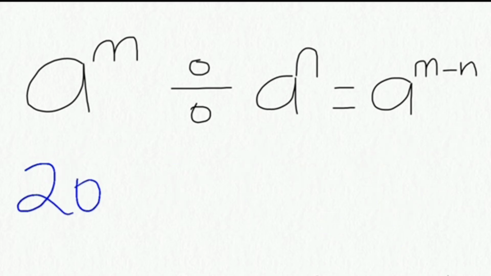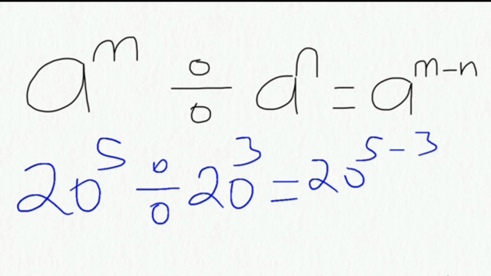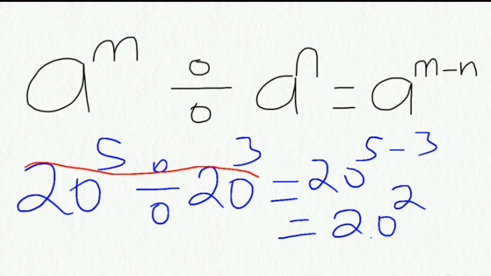20 to the power 5 divided by 20 cubed is equal to 20 to the power 5 minus 3, which is equal to 20 squared. We have the same bases here, which is 20, 20, and there's a division sign. Write only one base, 20. There are two 20s here.